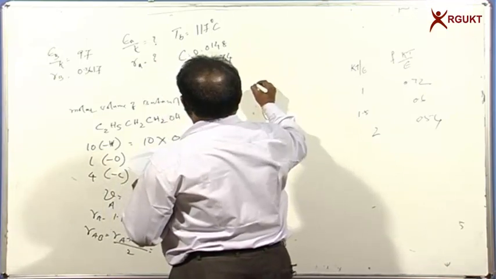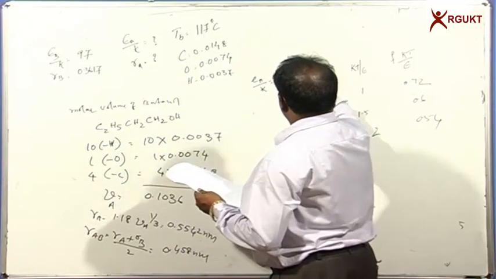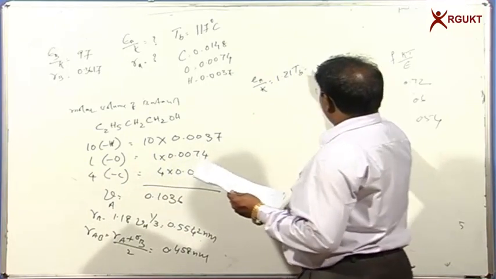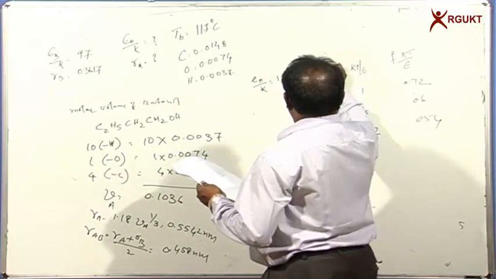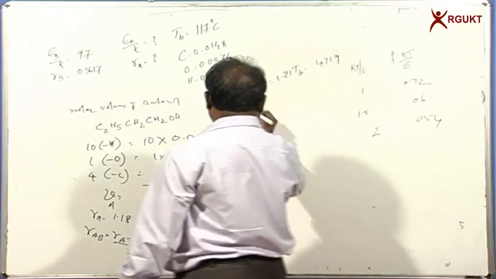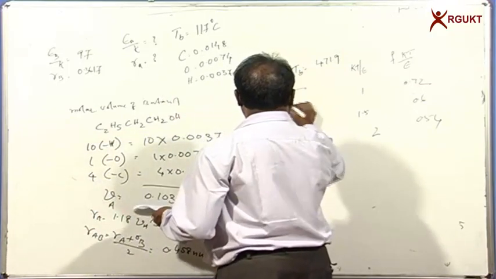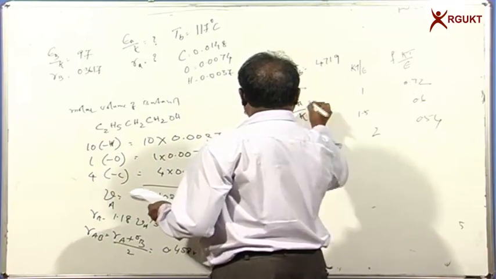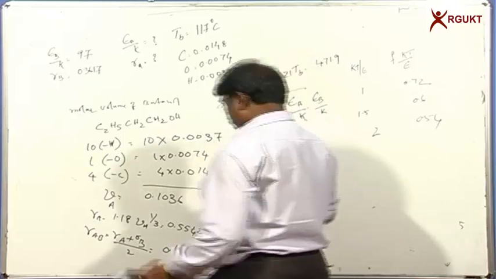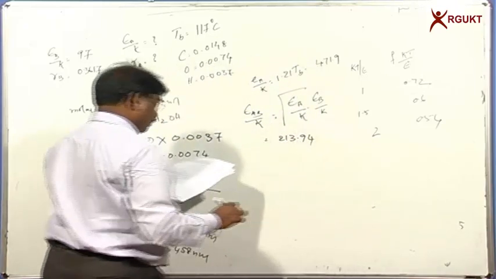Epsilon A by K is equal to 1.21 into TB, where TB is 117 plus 273, that is equal to 471.9. So epsilon AB by K is equal to the geometric mean of epsilon A by K and epsilon B by K, that is equal to 213.94.